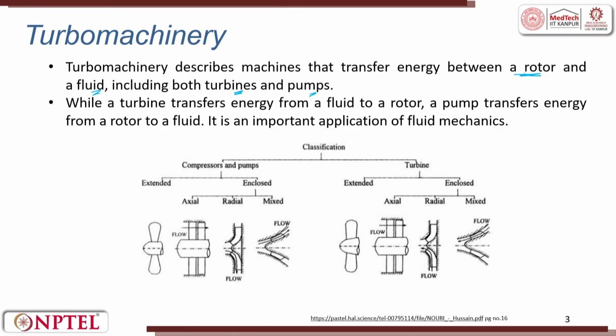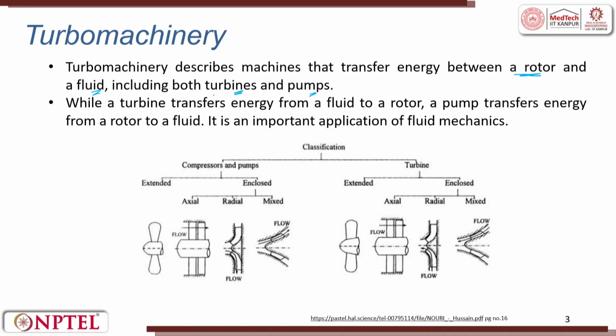So, here a rotor and a fluid interact with each other. The same way, when we talk about dialysis pumps, here also the liquid from one end is sucked inside, wherein it is purified and it is injected back or pushed back into the body. So, you see that there is an interaction between the machinery and the fluid.